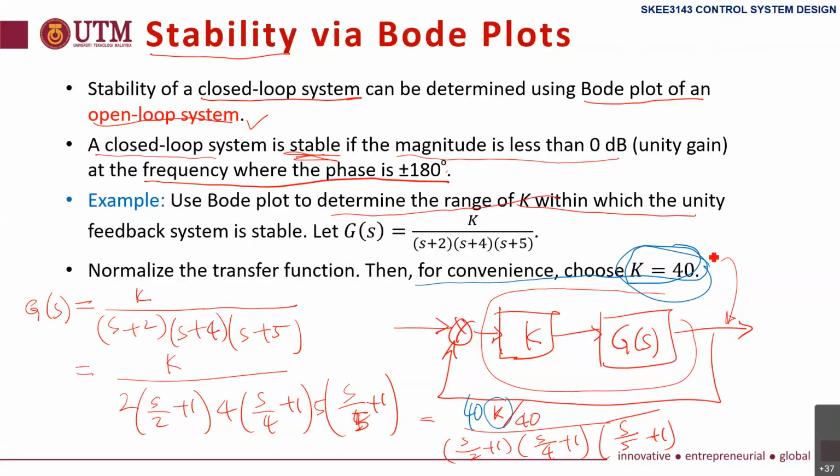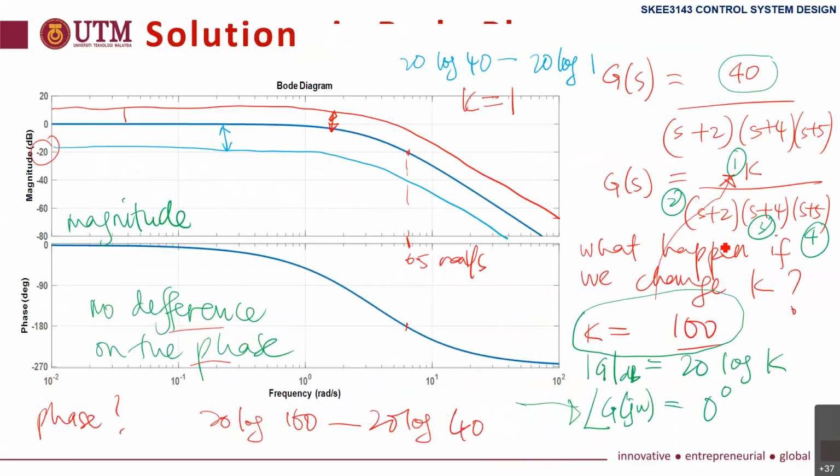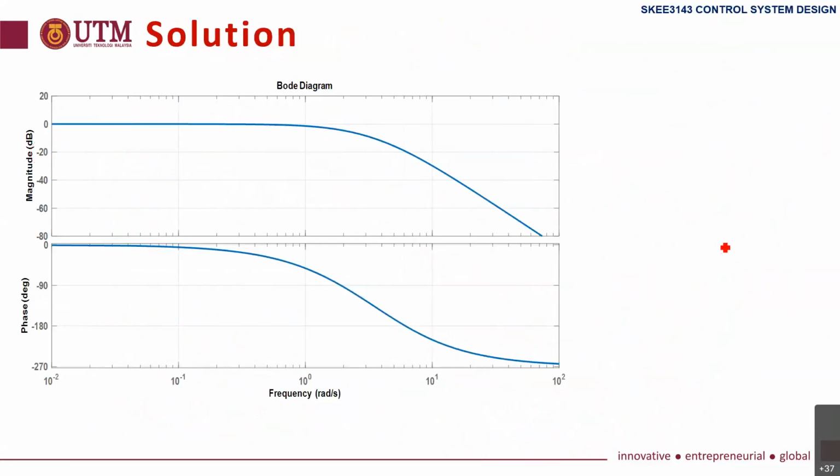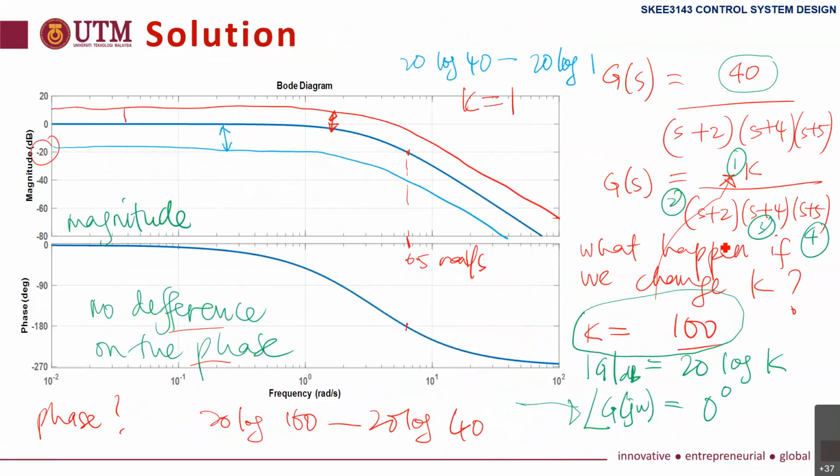Okay, we know K40 is stable, but what is the range? Until when is the system stable? That can be obtained by using the plot.